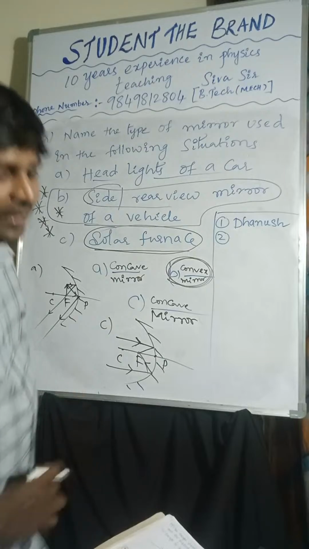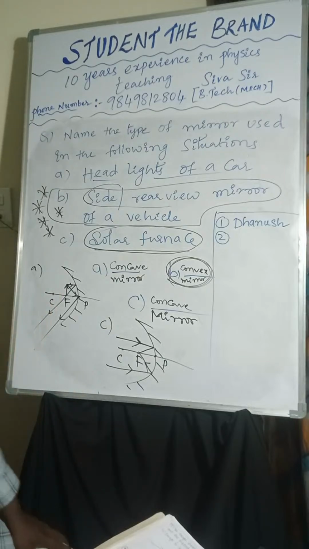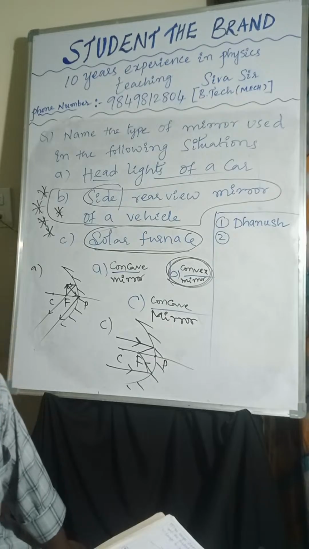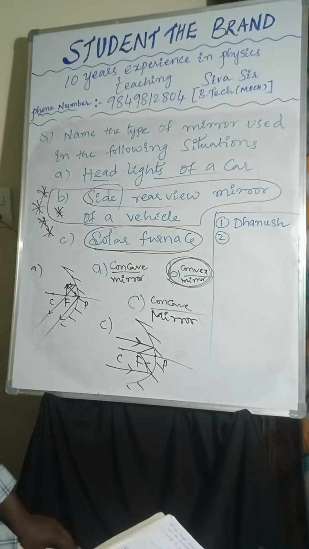So you can see here I'm saying, sir, what happens to the size of the image of an object when it is moved gradually away from a convex mirror? Gradually, if you move away from it, the size will decrease.